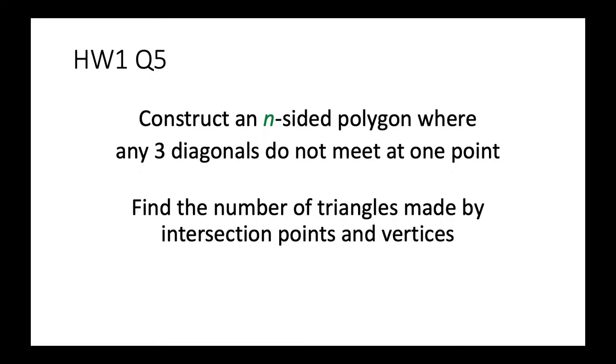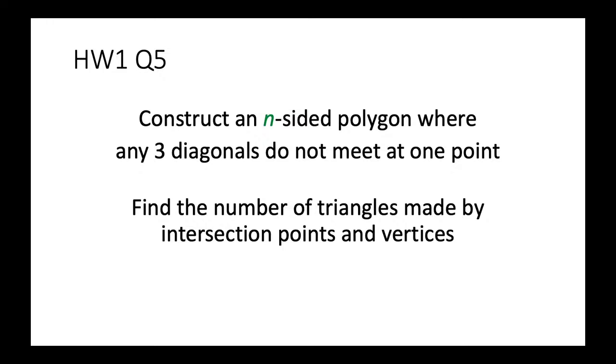The last one is a very interesting question. Let us say we are constructing an n-sided polygon, so it has n vertices. Using this polygon, we are going to draw diagonals between any two non-adjacent vertices.